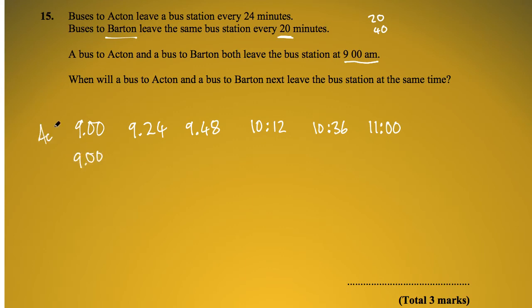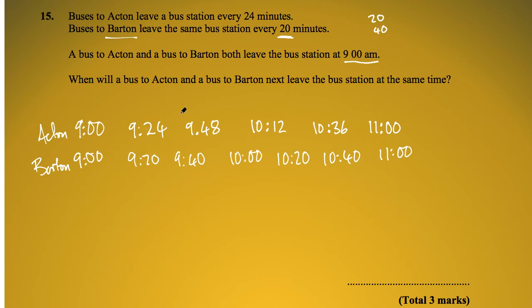So we've got Acton doing that, and Barton, the buses are doing 9 o'clock, 9:20, 9:40, 10 o'clock, 10:20, 10:40, 11 o'clock. And so actually at 11 o'clock is the next time that they both leave at the same time.